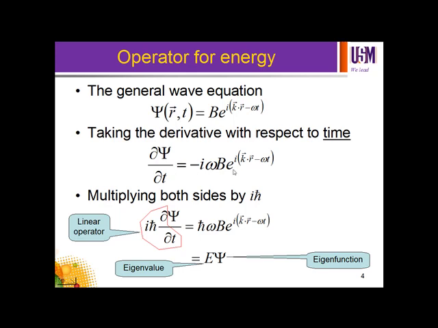When we differentiate the exponent, basically we differentiate the exponent values with respect to t, and of course r is silent in the sense that r is supposed to be constant. So when we differentiate the exponent, we have negative i omega. That's why we have here negative i omega.